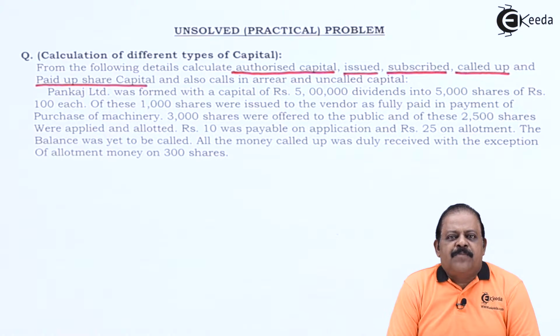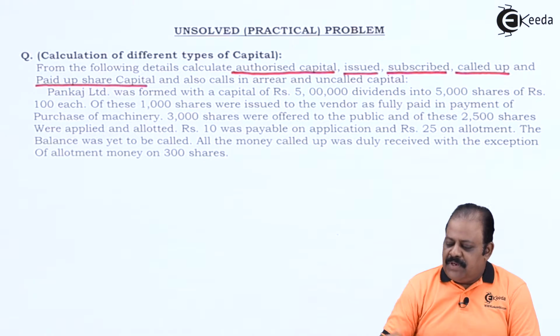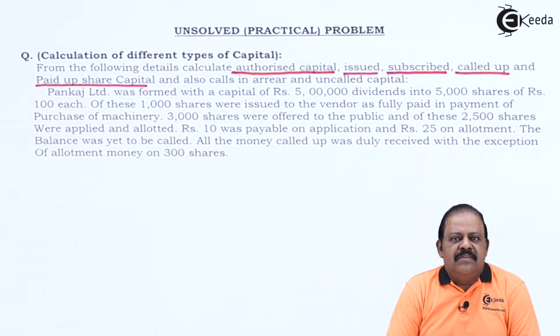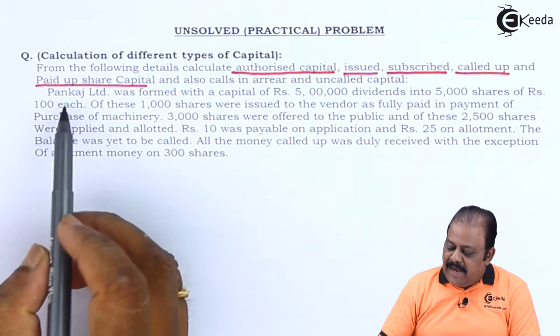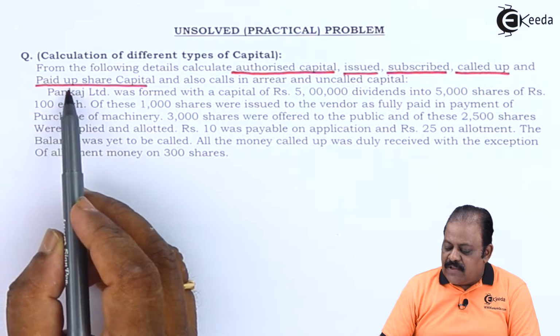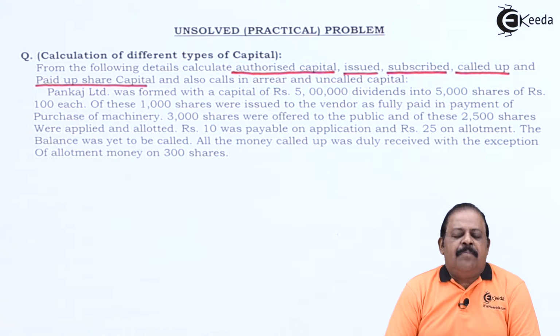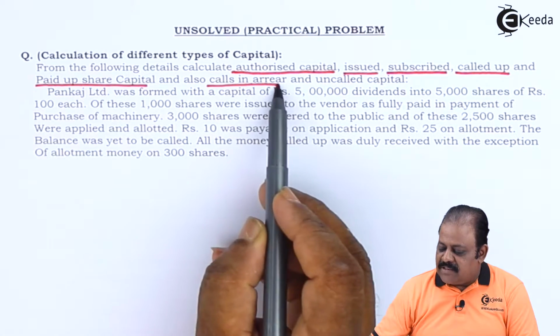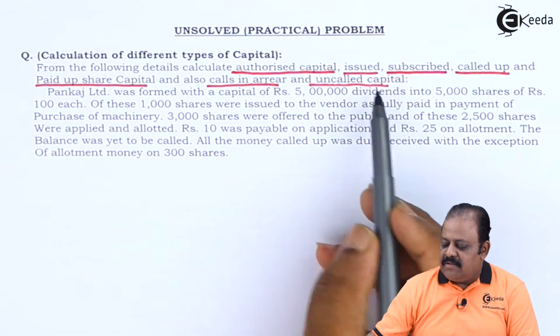Once people have subscribed to the shares, company demands amount of share, that is price, which is called as call amount. The amount so far demanded by company is called as called up amount, that is called as called up capital. The amount actually paid by the shareholder is also called as what? Paid up share capital.